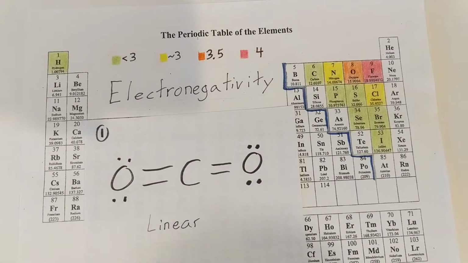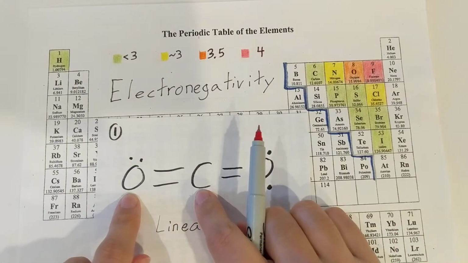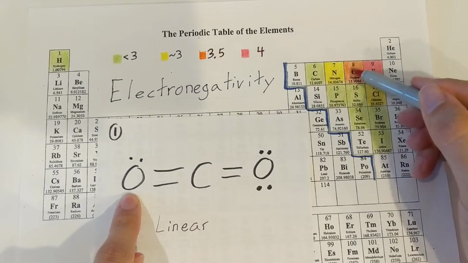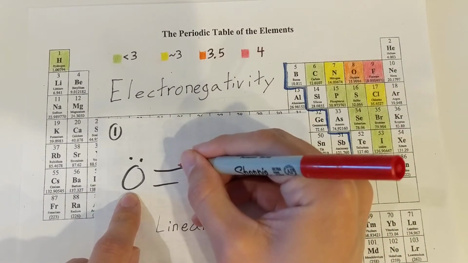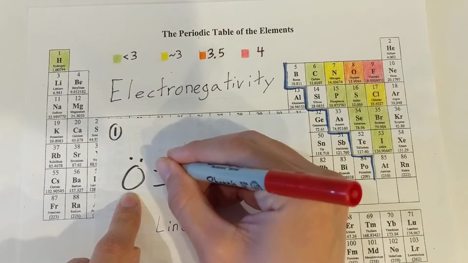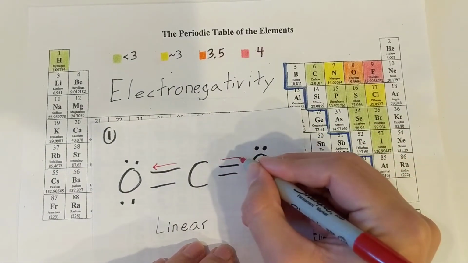It's linear. If we want to take a look at the bonds, we actually have some polar bonds here. So between carbon and oxygen, oxygen has that higher electronegativity. So electrons are going to be pulled this way. And between this carbon and oxygen, electrons are going to be pulled that way.